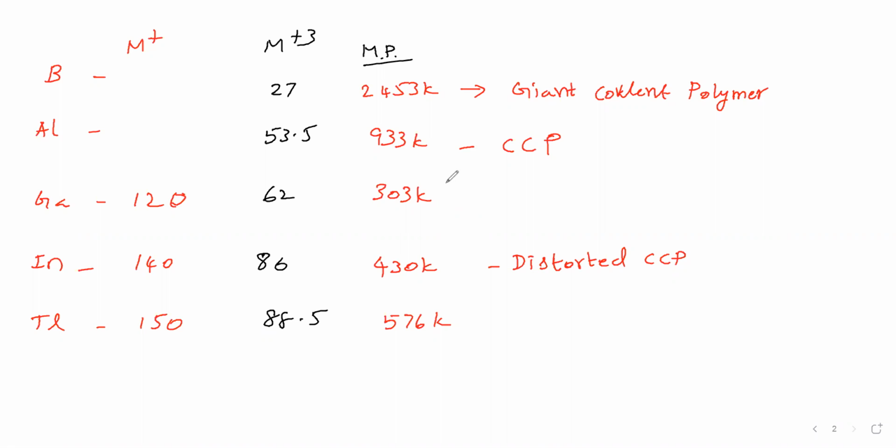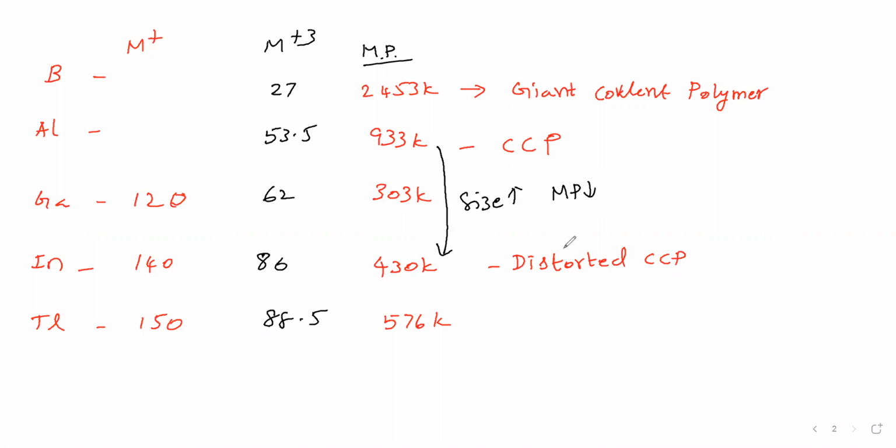Here, down the group, size increases, from aluminum to indium. Therefore, metallic bond strength decreases, and therefore melting point decreases. They have the same crystal structure.